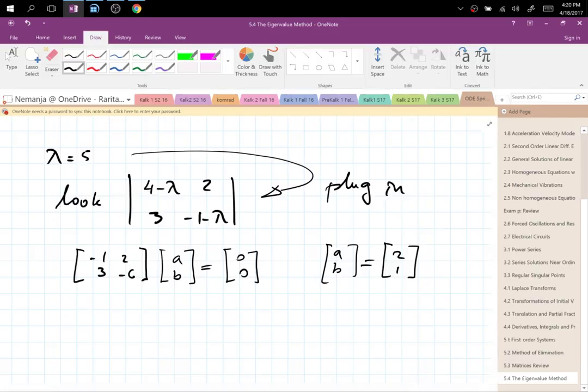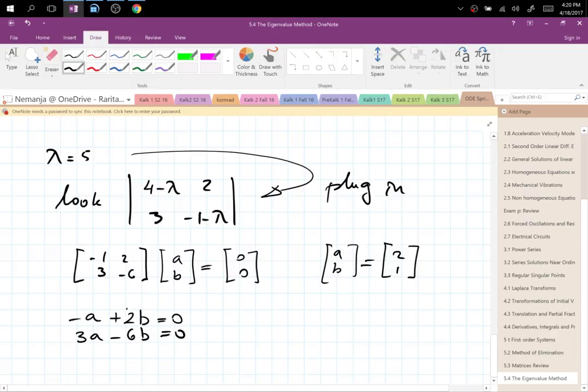So you can actually create the system of negative A plus 2B equals 0, and 3A minus 6B equals 0. Now, since these two equations are multiples of each other, you don't have to keep both.